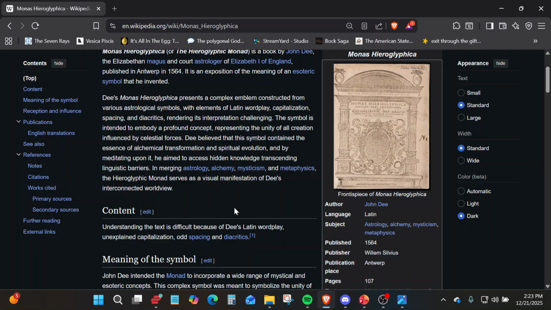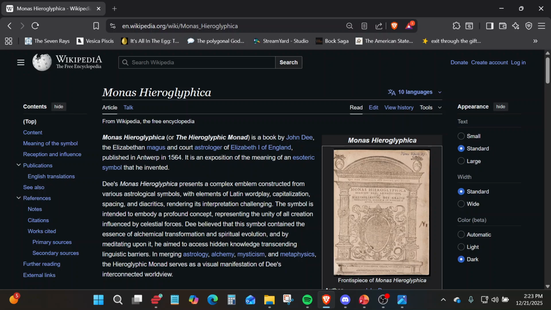But in any case, I always found the story of John Dee interesting, and this Monas Hieroglyphica goes back to more or less the beginning of our somewhat known time period of the last couple hundred years, in at least the given historical record that we have.